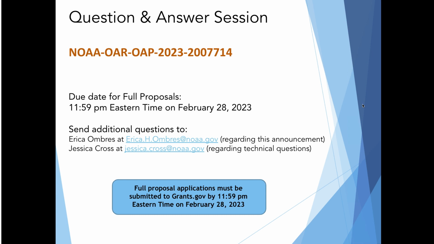And I can read out some of these other questions that were further up, if that would be helpful. One question was, are there links to projects from prior solicitations from this program? And we said, no, this is the first year of the program.